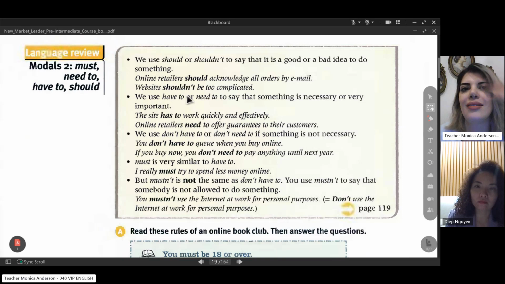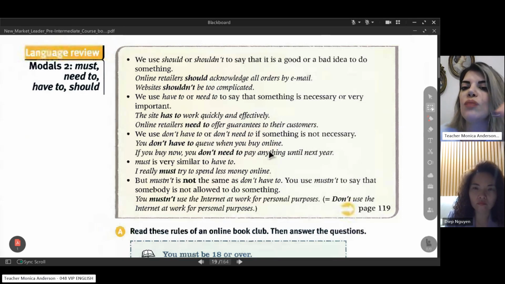Has to is something like have to, need to, there is no rule, no obligation, but it's not bad to do something. Don't have to, don't need to, means there is no force, and must means obligation and rules.